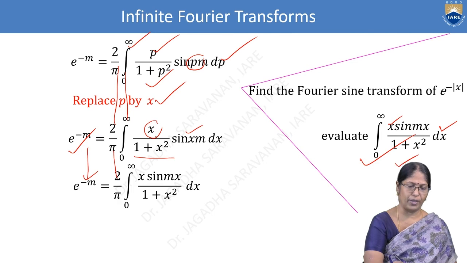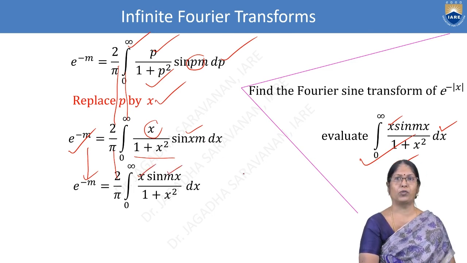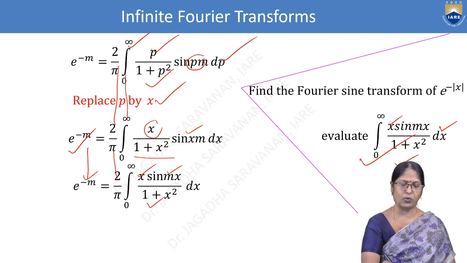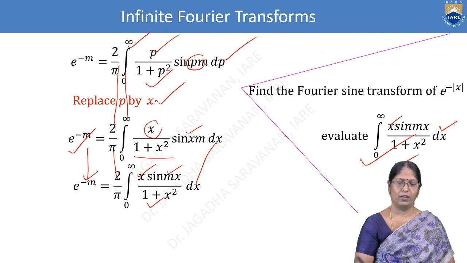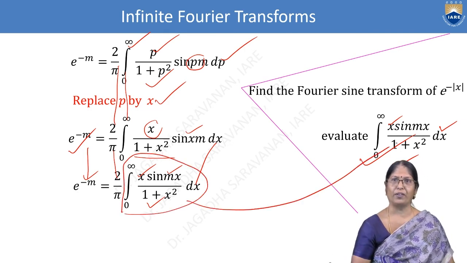The same format we are bringing: x sine xm is there, and sine mx we can write, both are the same, over 1 plus x square dx. So it is completely matching.